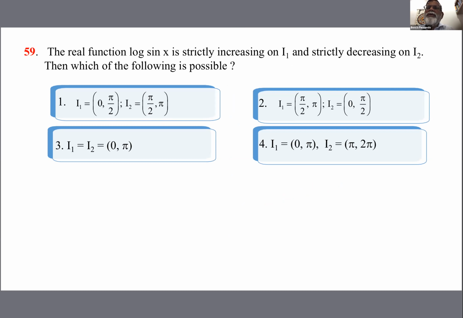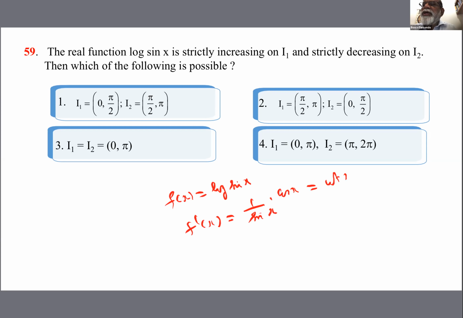So we are coming very close. Log sin x. f of x is, if a function is increasing, the derivative is positive. In an interval, if f dash is positive, it is increasing; if f dash is negative, it is decreasing. f of x is equal to log sin x. So find f dash of x. 1 by sin x into the derivative of sin x, cos x.